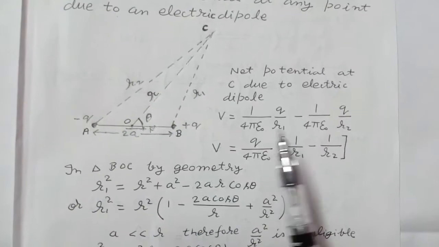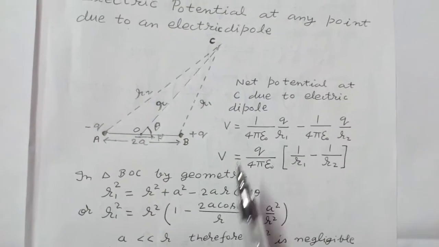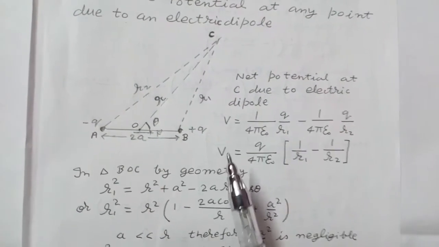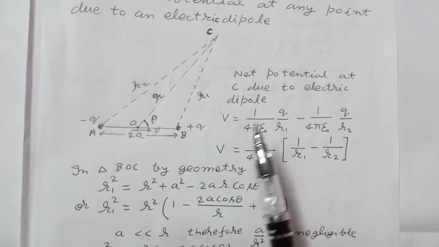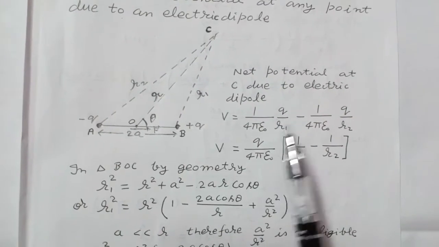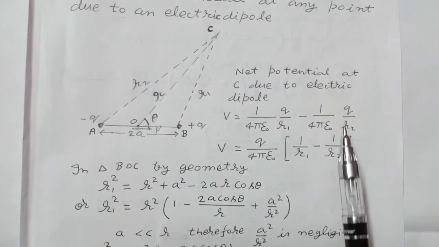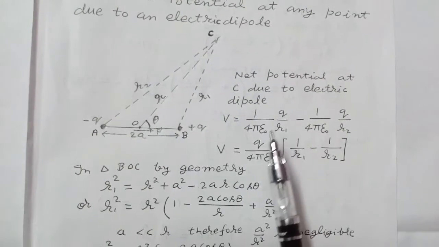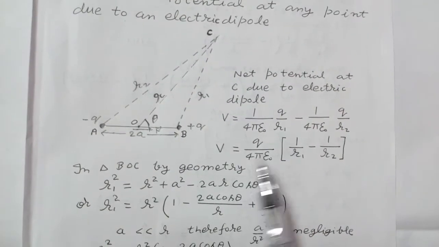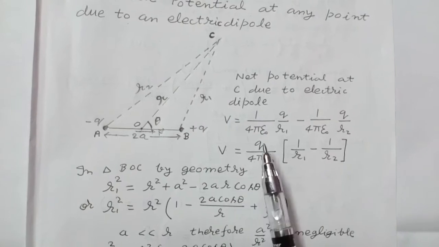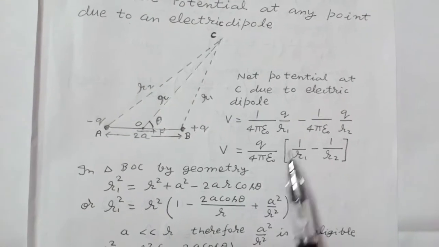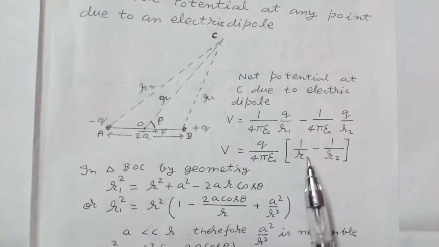One is positive and the other is negative. So net potential V is equal to 1 upon 4 pi epsilon naught q by R1 minus 1 upon 4 pi epsilon naught q by R2. Take q upon 4 pi epsilon naught term outside. So we get V is equal to q upon 4 pi epsilon naught, in bracket, 1 upon R1 minus 1 upon R2.